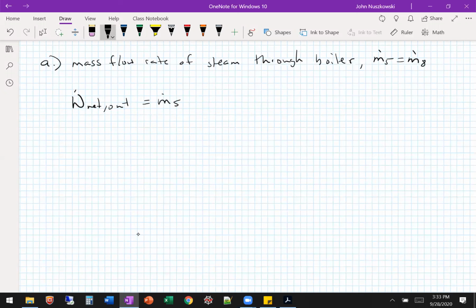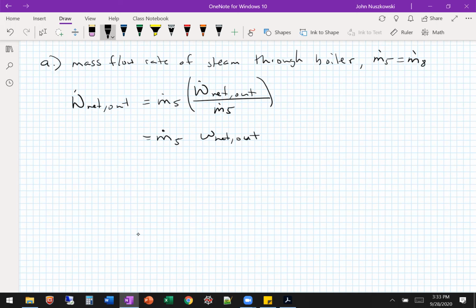And then you have that per unit, per kilogram work, but I'm gonna do it in an extra step, because it becomes important later on. Okay, so this, right, if we cancel mass flow rate 5 off, we would just have the power net out equal the power net out, right?